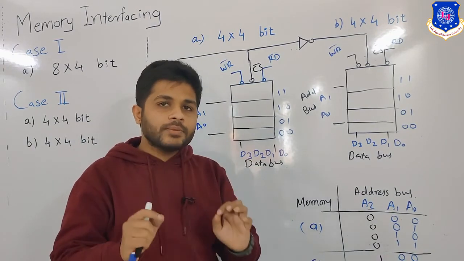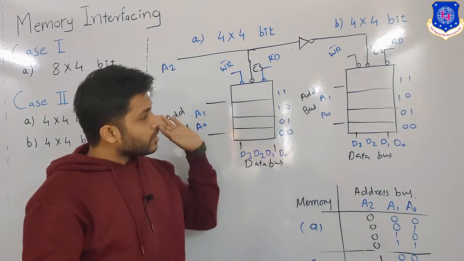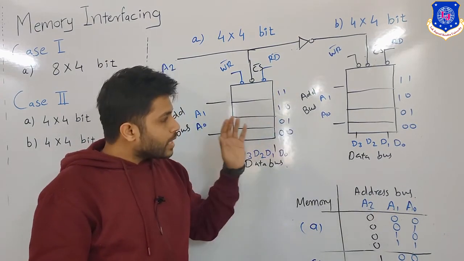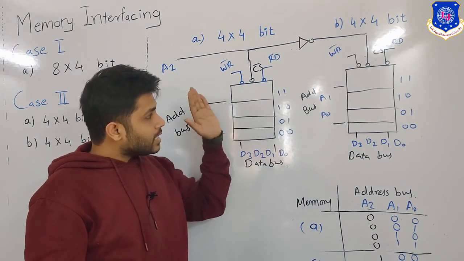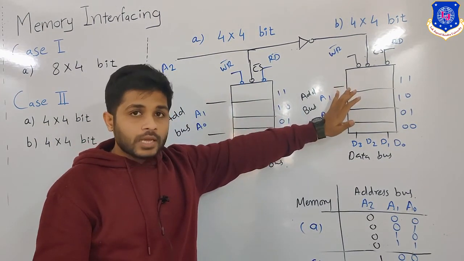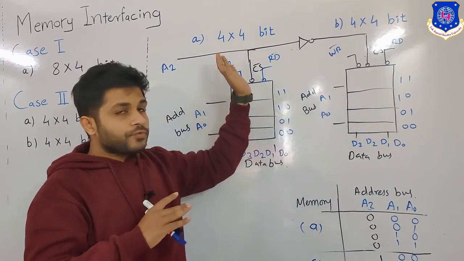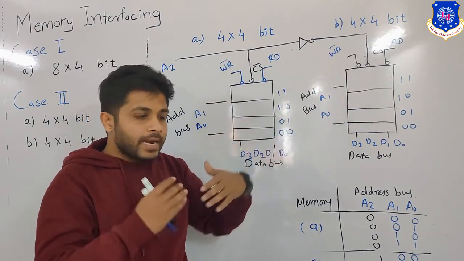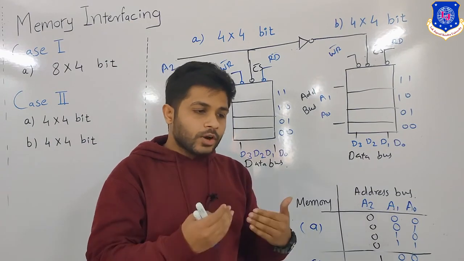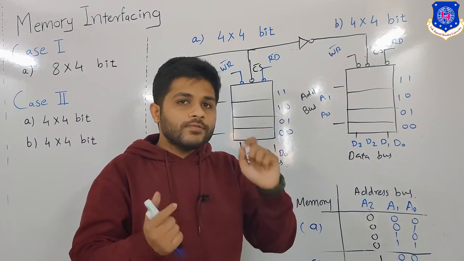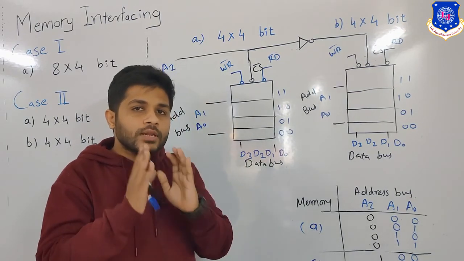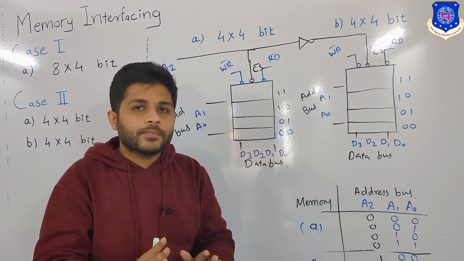In those examples we are going to see that when we interface multiple memories with the microprocessor, the address lines that are needed will be provided to the memory, but the remaining address lines will be used for the chip select. This is for better interfacing, and because of the limitation of the microprocessor, that it can process only one location at a time.